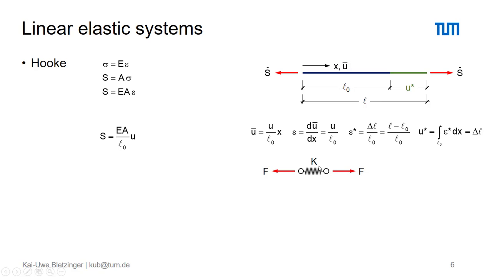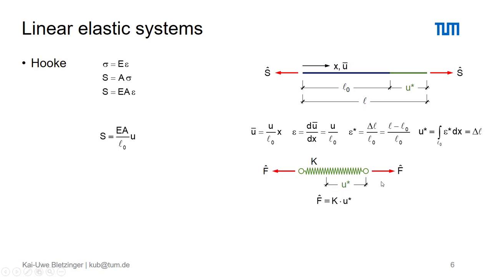Here we have the spring stiffness. Again, the spring is elongated as we pull by an actual displacement U, and you know from the spring relation that we have a relation between the force we apply, the elongation of the spring we observe, and the spring stiffness. If you compare these two expressions, you directly see that this ratio E times A over the initial length is nothing else than the stiffness of a linear spring. That's why we also call this the stiffness of this bar or this cable.